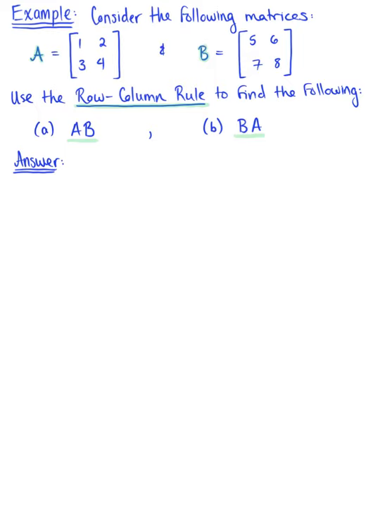Now, before we get started, let's quickly recall the row-column rule for matrix multiplication. So we need to go ahead and assume that these two matrices are size appropriate. So we'll let matrix A be an M by N matrix, and we'll let matrix B be an N by P matrix.